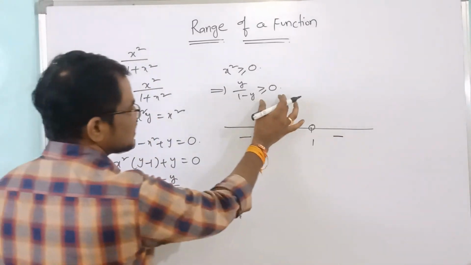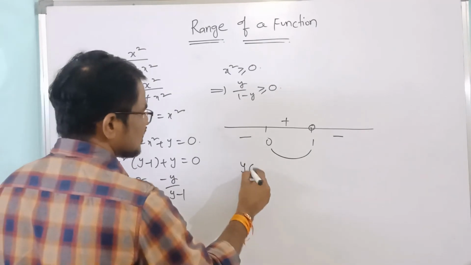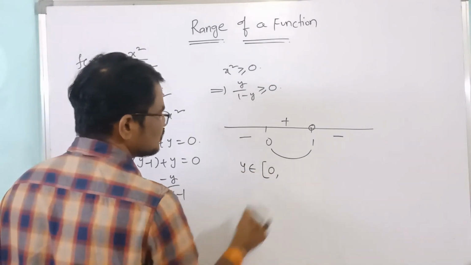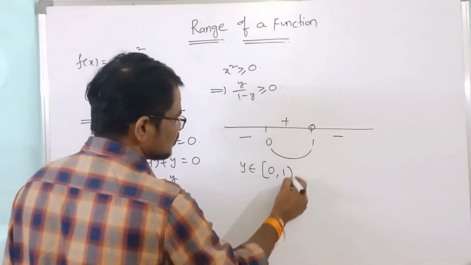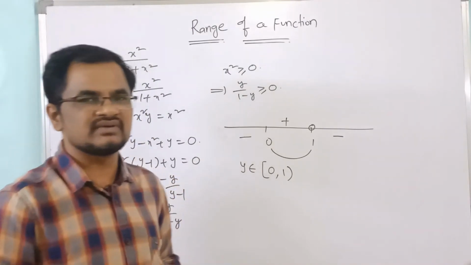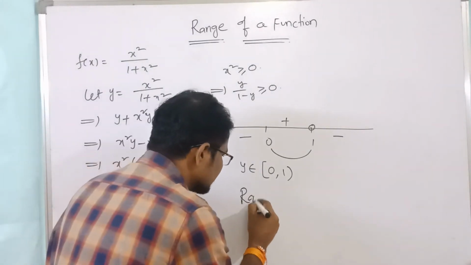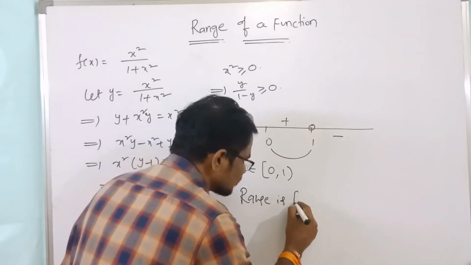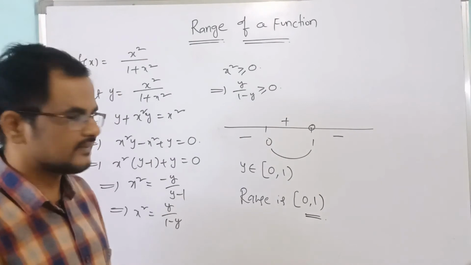Now greater than or equal to 0 you want, means this area. So y belongs to the closed interval 0 to, so equal to is there but y is not equal to 1 in this situation. So that's why y belongs to the closed interval 0 to open interval 1. Therefore the range of the given function is the closed interval 0 to open interval 1, right?